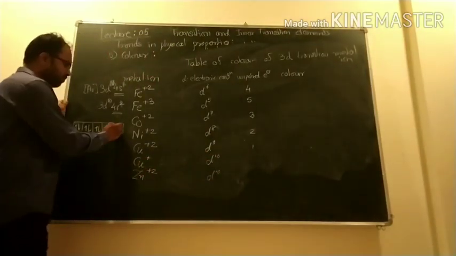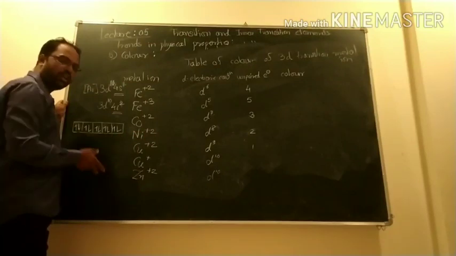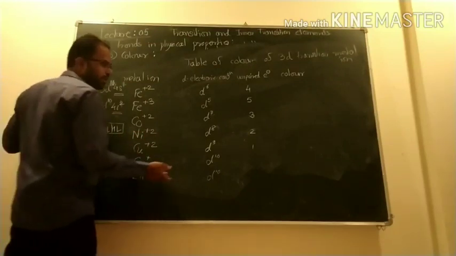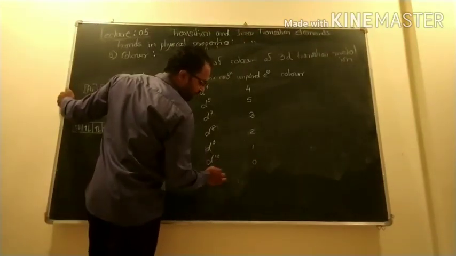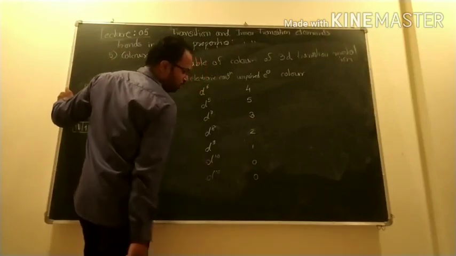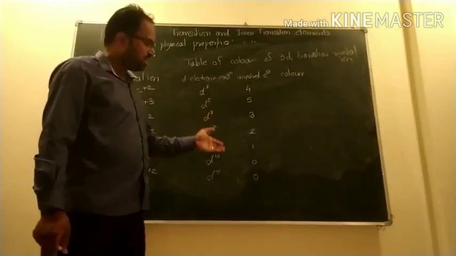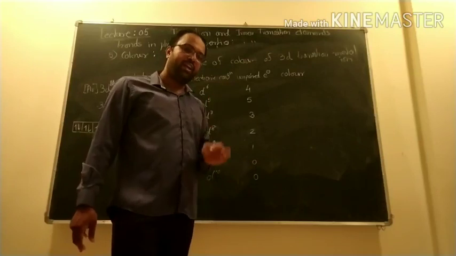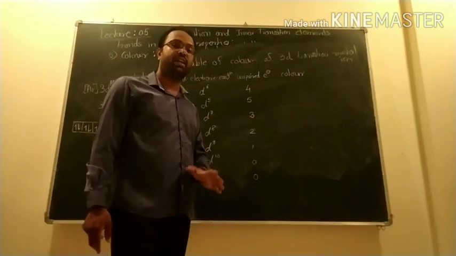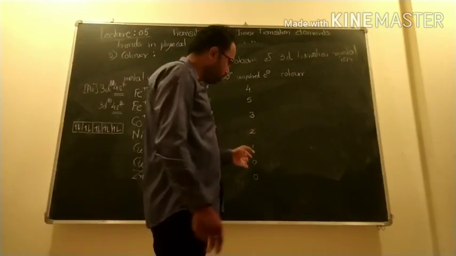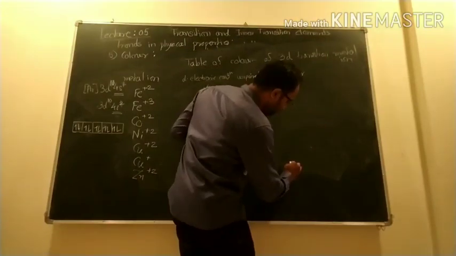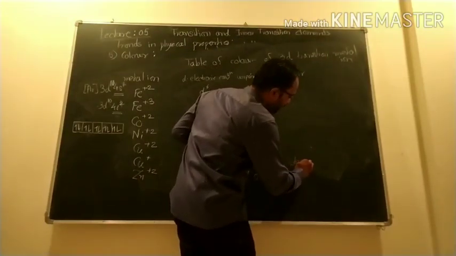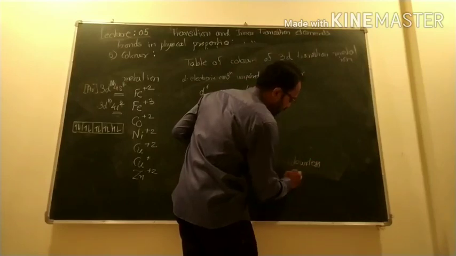For the d10 case, the orbitals are completely filled, so there is no unpaired electron, that means 0. In the previous study, when the unpaired electrons are 0, the ion is colorless. So these 2 cases are recorded as colorless in nature.